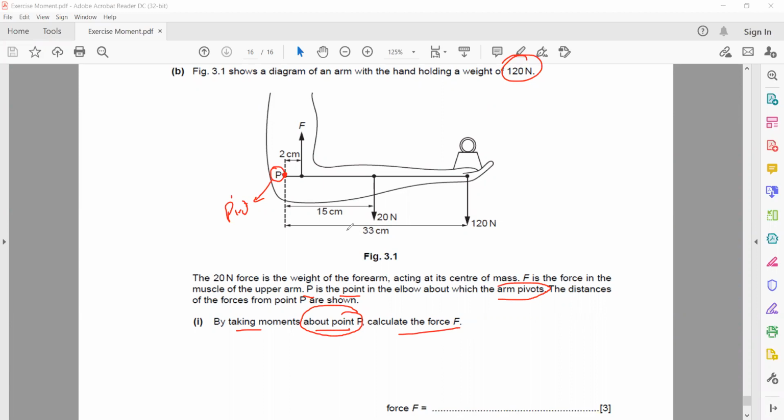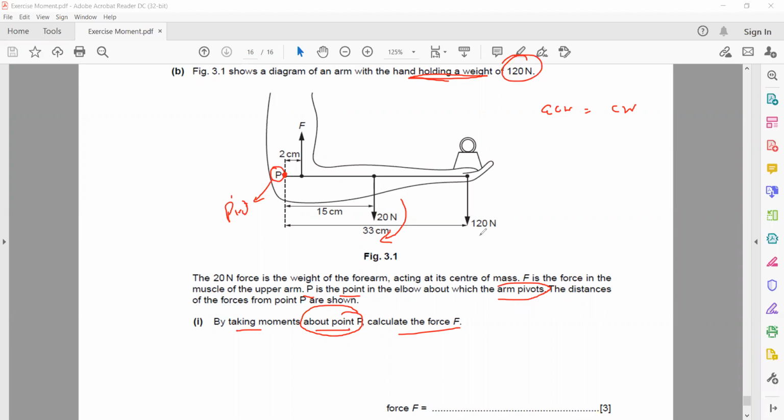If we want to calculate F, the diagram shows an arm with the hand holding the weight. It is holding the weight, which means it is balanced. When an object is balanced, the total anti-clockwise moment is equal to the clockwise moment. Which direction will the 20 Newton, the weight of the arm, cause a rotation? Clockwise.